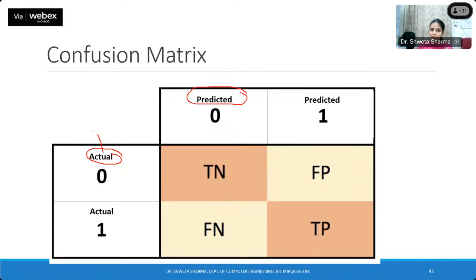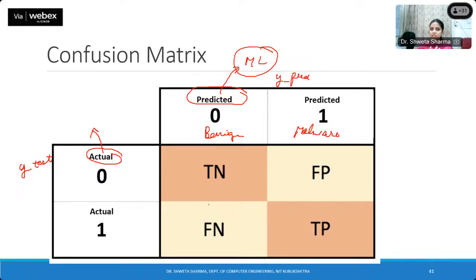Actual means the actual malware जो आपके CSV file में है, and predicted means predicted by your ML model. 0 means benign and 1 means malware. So predicted 0 and predicted 1 are predicted by your machine learning model, and actual 0 and actual 1 are actually वो जो y underscore test था, and this is your y underscore predict.